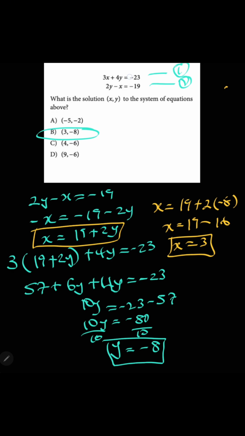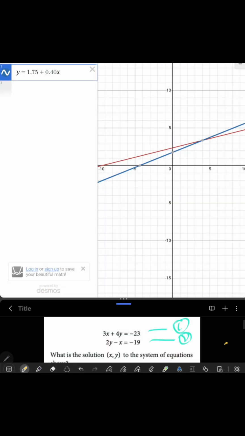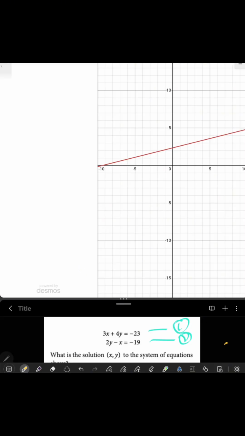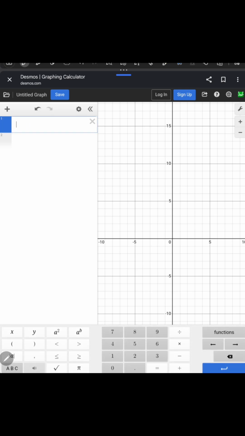However, we can still use our Desmos to find it, in case you are writing the exams now. So we have 3x plus 4y equals negative 23.